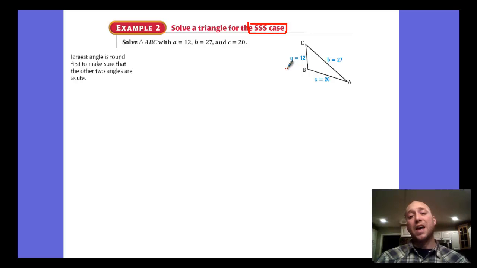So to make sure that does not happen, we always find the biggest angle first using law of cosines. You always want to find the largest angle first, because we can only have one obtuse angle. Law of cosines will not give us the ambiguous case. The reason why: each angle of a triangle has to be between 0 and 180, it can't be bigger than that.